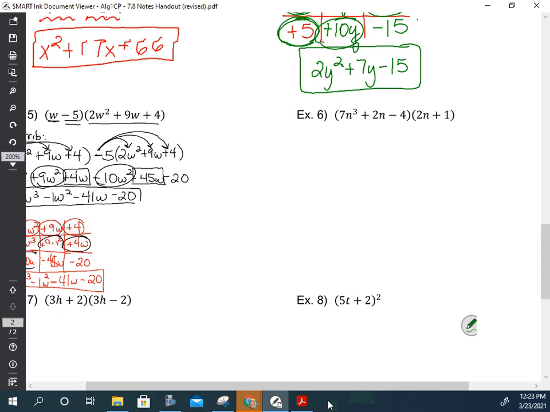First parentheses. So Sam, did you put yours on the top or on the side? Top, so we're going to put 7n to the third plus 2n minus 4 at the top. So 2n plus 1 on the side.